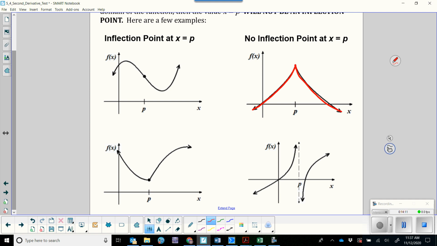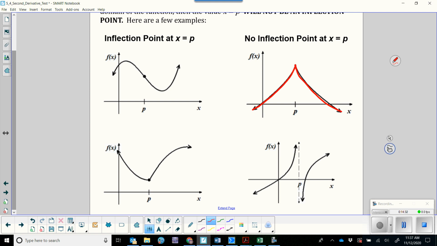So when we look at the derivative of it, you would have an undefined place for the derivative there at P, but it wouldn't be a point of inflection because you're going to get no concavity changing.